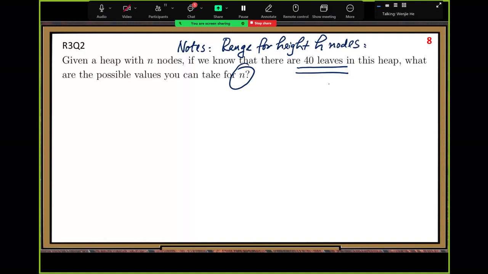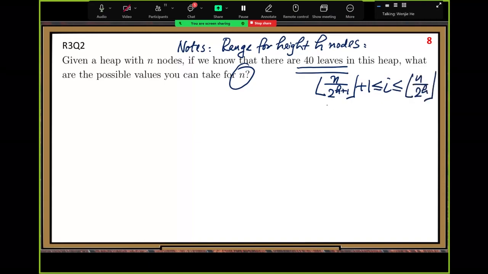The range is, remember we use i: n over 2 to the h plus 1 is less than or equal to i, which is less than or equal to n over 2 to the h.